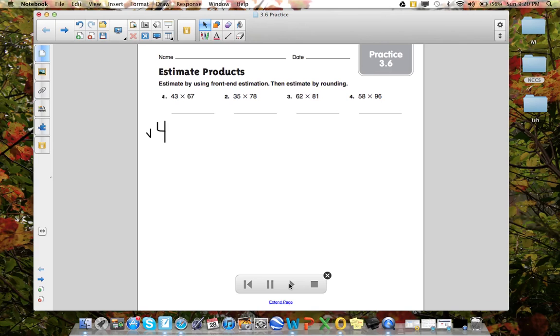Number one, estimate by using front-end estimation, then estimate by rounding. If we are doing front-end estimation, we are looking at the first place value. So 43 would go down to 40, 67 down to 60, multiply the two out, and you get 2,400 as your product. We're going to use the R to show what we are rounding. 43 would round to 40, and 67 would round up to 70.